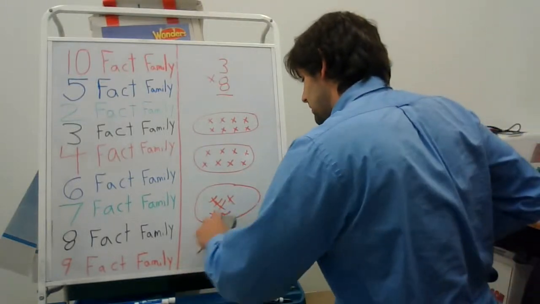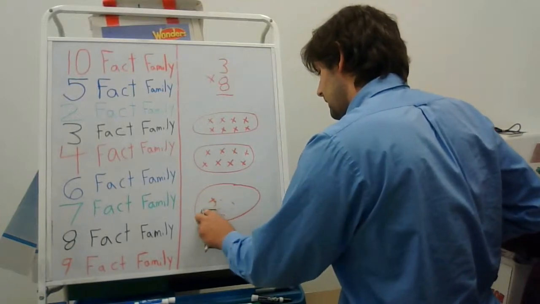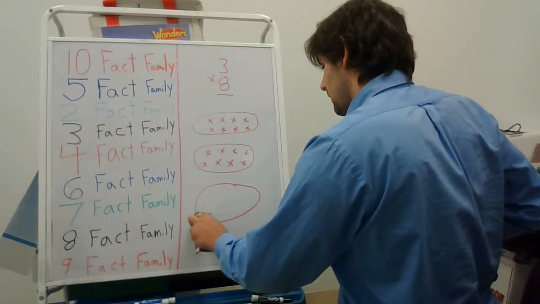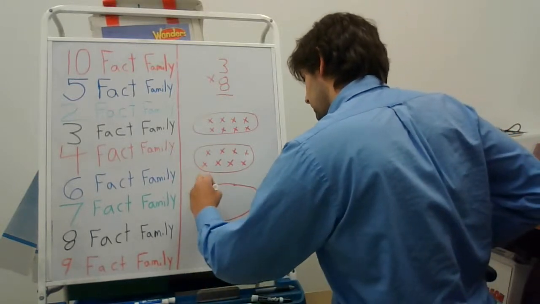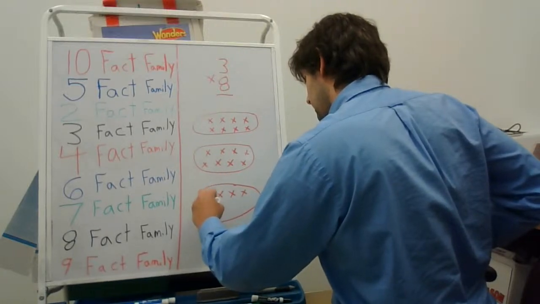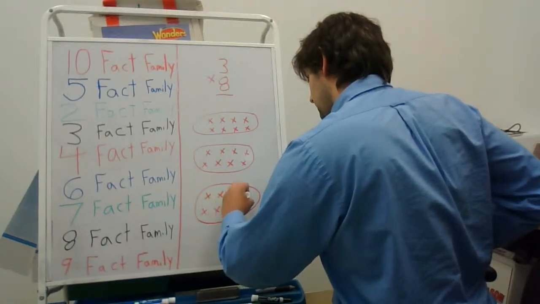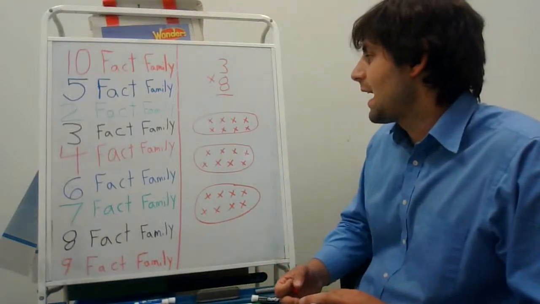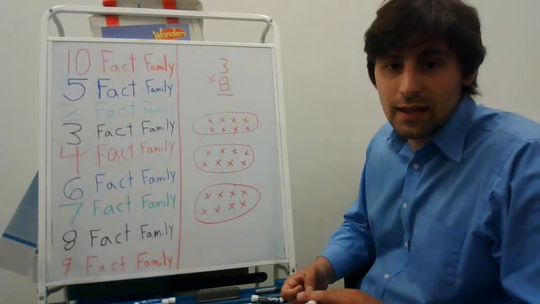Make sure that you space them out. So I now have 3 groups of 8. I have 3 circles with 8 X's in each circle.